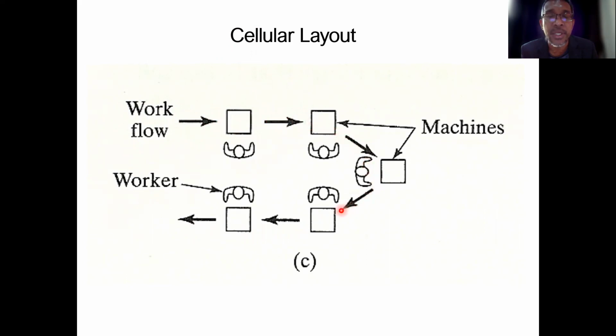So the operator will do the process until we have a complete part here. So from here to here, we call it machine cycle time, and then this time is operator time or machine time. So this is a cellular type layout. So we can produce soft variation products with high volume production as well.